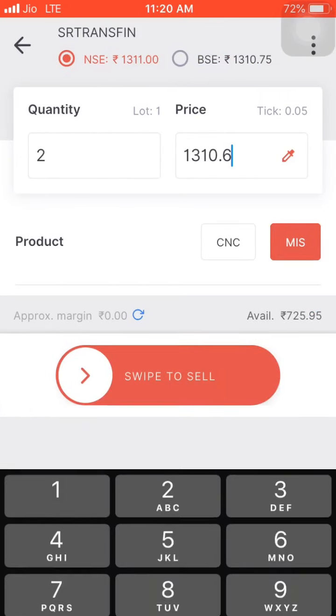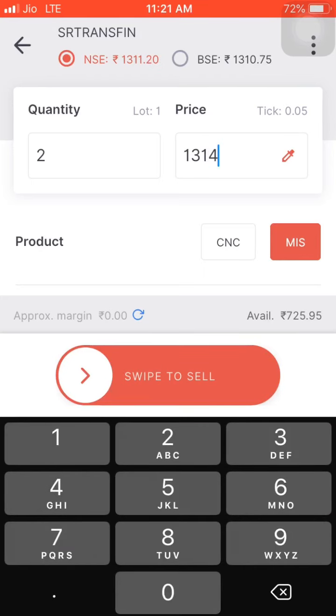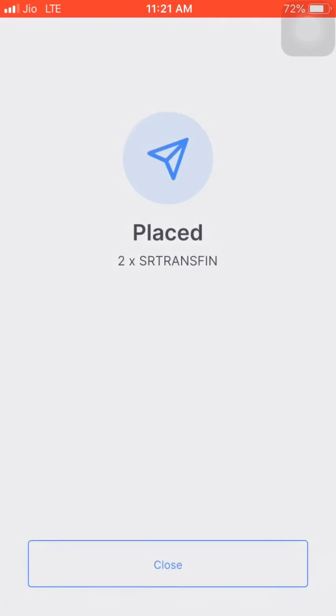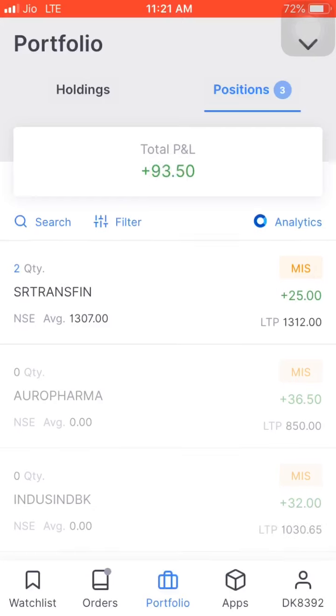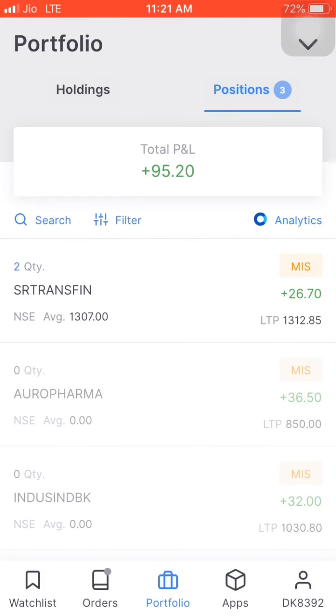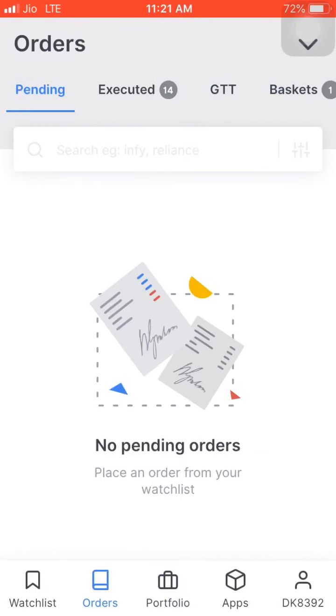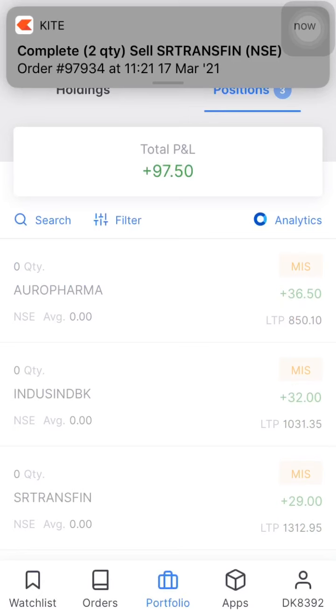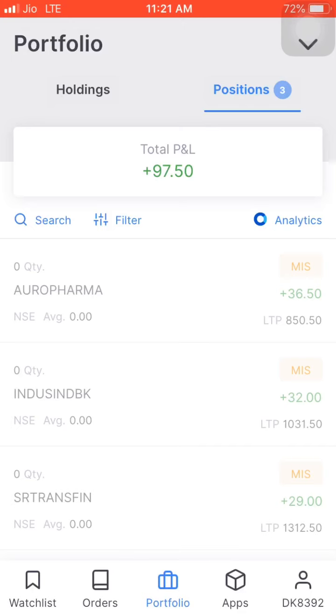More than 90 rupees. So let's exit 2 quantities at 1314. Now let's wait for our targets to hit, and that has also been executed, and we have gained 97.50 rupees, and that's enough for the day.